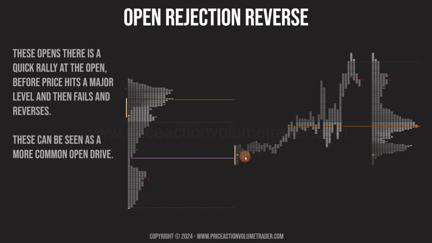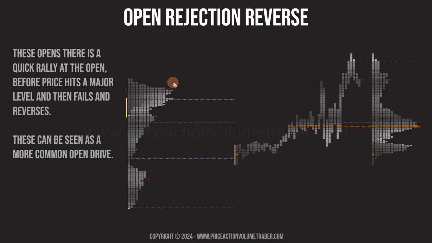Okay, so remember we said that the open drive was a quick momentum to either the upside or the downside with no interruption and just continuation. This one is similar, but in this case there is a quick movement at the open where we hit a major level, and then the continuation fails, and then we reverse.